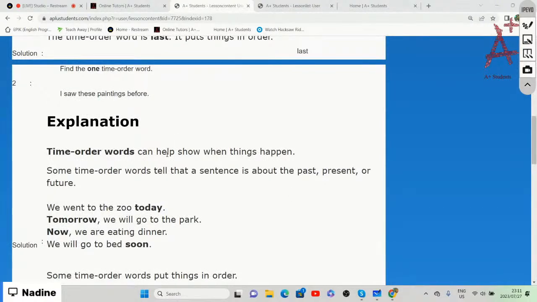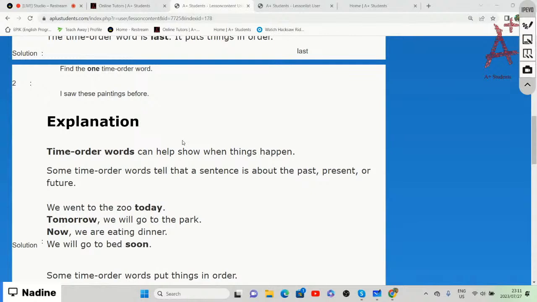Okay, so now we need to find one more time order word. I saw these paintings before. So we need to choose a time order word within the sentence, and the time order word can show when things happen.